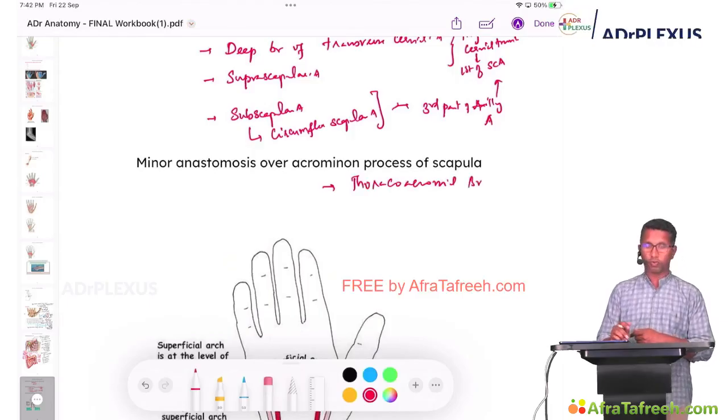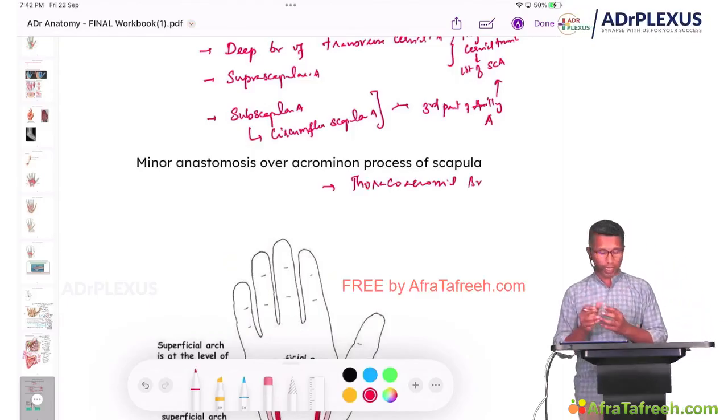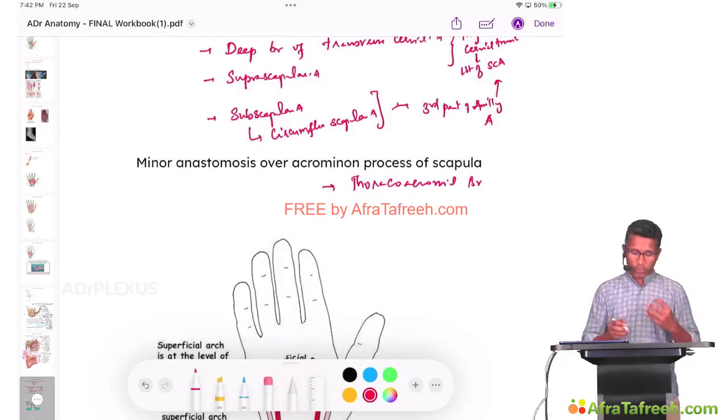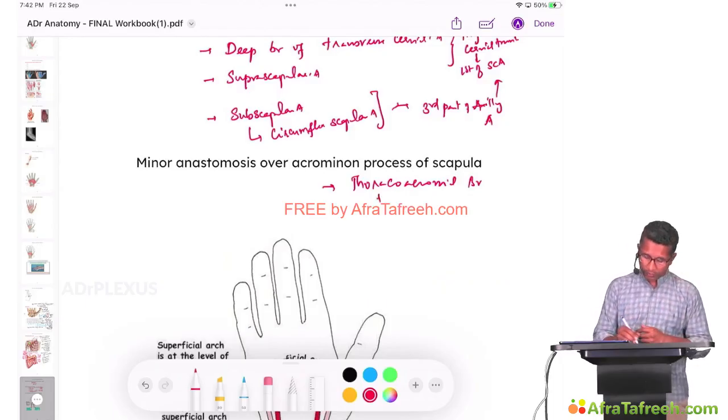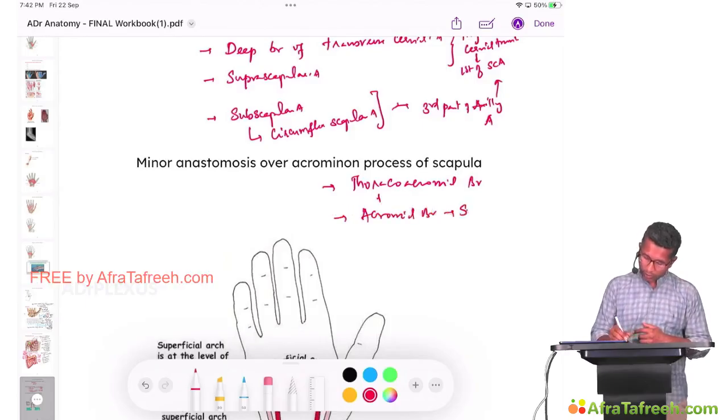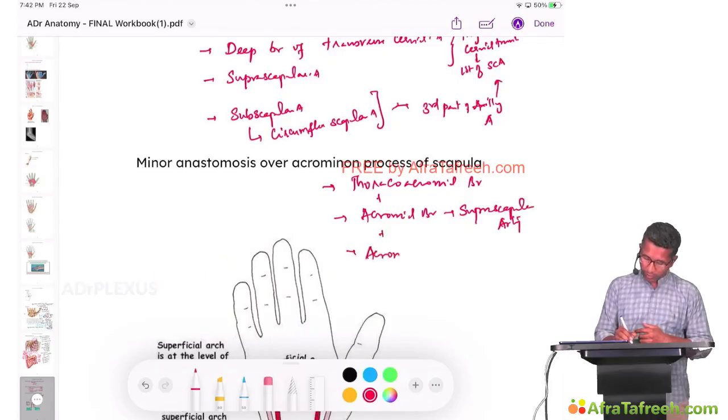From the thoracoacromial artery you get an acromial branch that forms an anastomosis around the acromion region. Along with that you will have an acromial branch from the suprascapular artery, and you will also have an acromial branch from the posterior circumflex humeral artery.